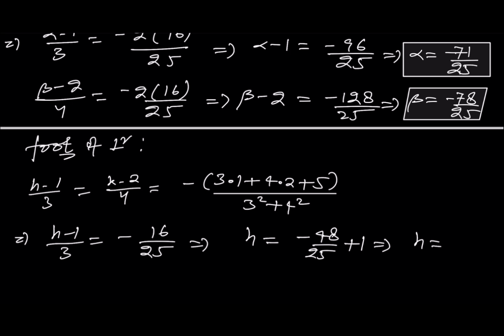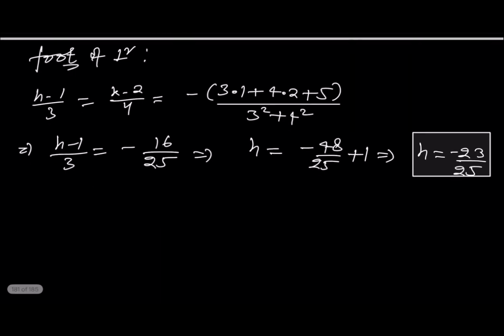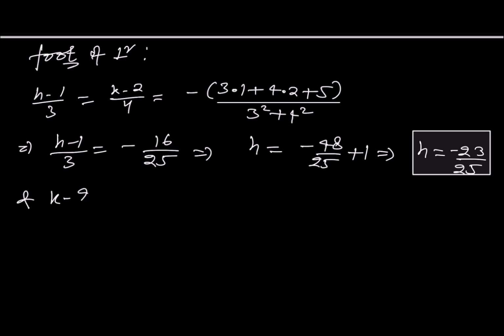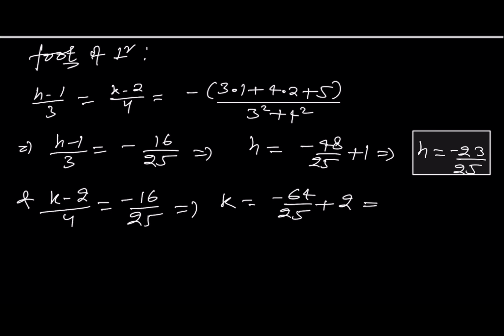So h is minus 23 by 25, and (k minus 2) by 4 is equal to minus 16 by 25. So k is equal to minus 64 by 25 plus 2, which is minus 14 by 25.